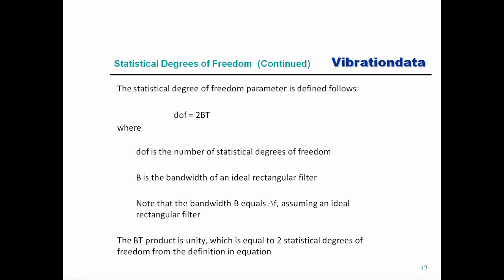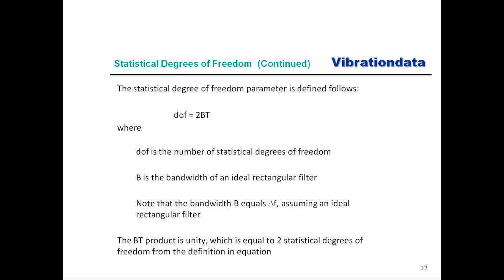So the statistical degrees of freedom parameter is defined as degrees of freedom equals 2BT. DOF represents the number of statistical degrees of freedom. B is the bandwidth of an ideal rectangular filter. When I say ideal rectangular filter, I think of that as being a rectangular window. You recall from a couple of webinars ago, we talked about Hanning windows versus rectangular windows. And what I told you is a rectangular window is equivalent to no window at all.